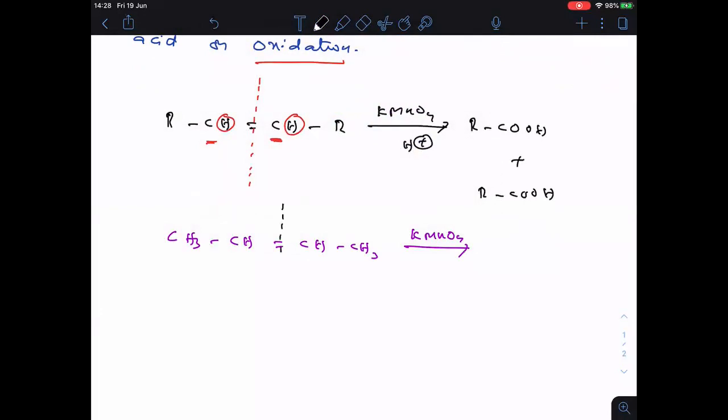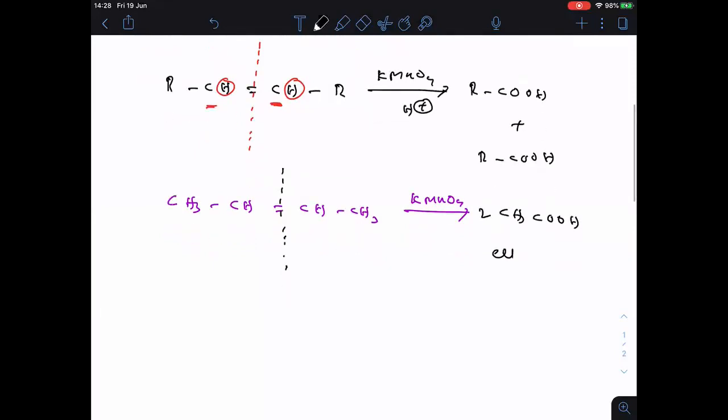So now break the bond like this. From the left side part, what is the product formed? CH3COOH, ethanoic acid. From the right side also the same thing. Therefore, 2 molecules of ethanoic acid you will get here.